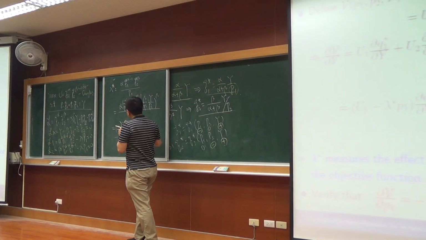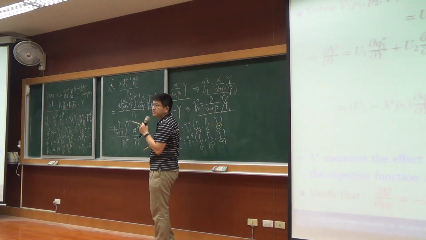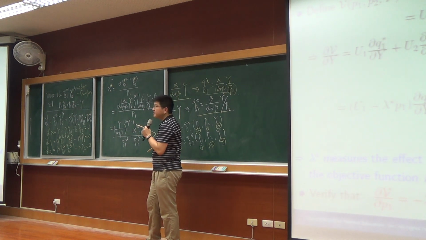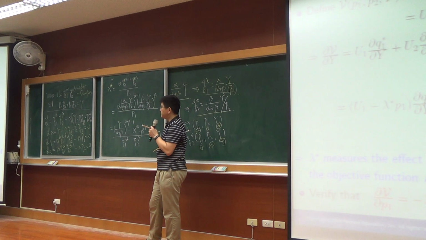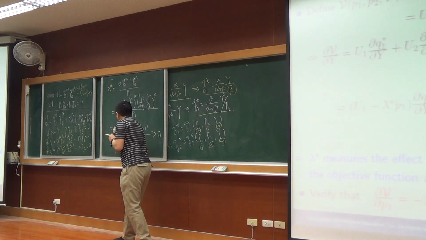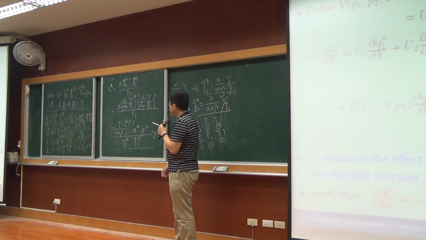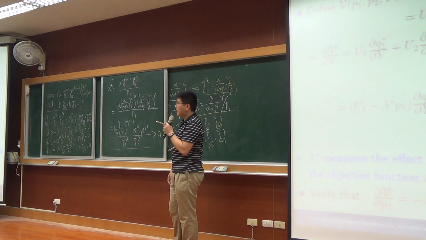And you will see this term. Do you think this term is a positive term or negative term? It's a positive term, right? So the marginal utility of y would be a positive term. So it's a little bit complicated, but not very hard to derive.